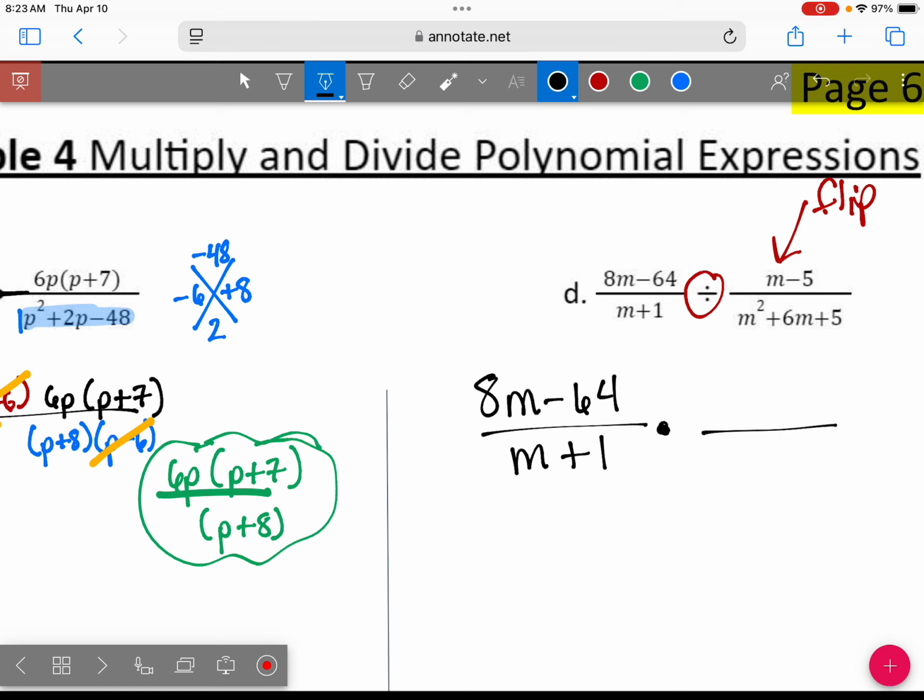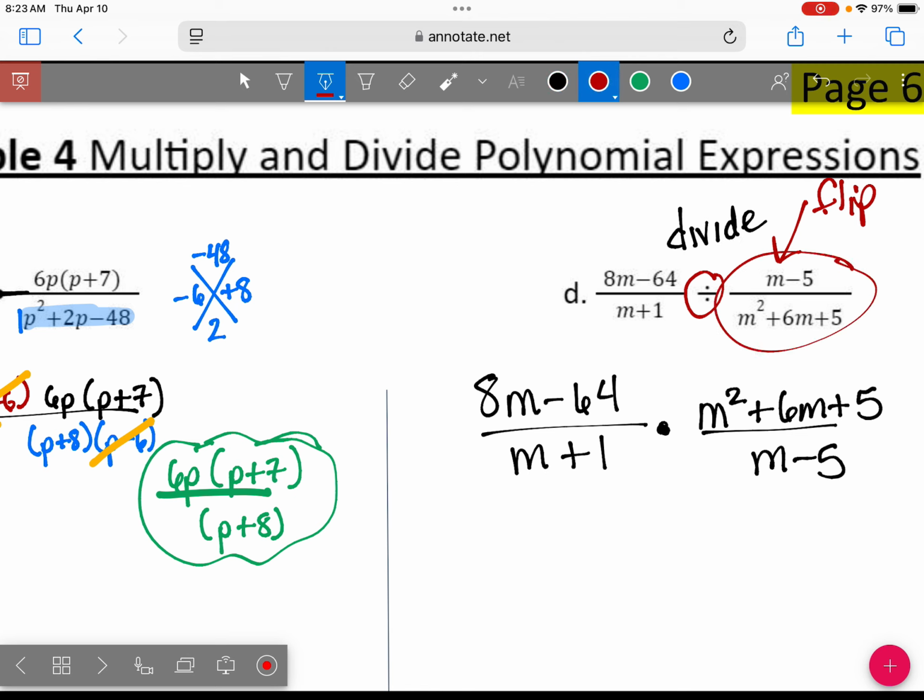So when I flip my second one, I'm going to bring up the m squared plus 6m plus 5 and leave the m minus 5 downstairs. You only do that for division. When you see a divide, you flip the second one. That's what gets flipped. Not the first fraction, but the second fraction.